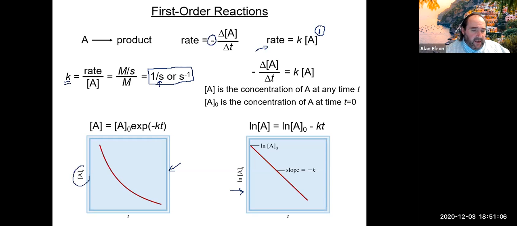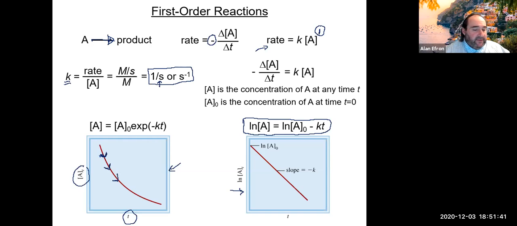The first one is the concentration on the Y, time on the X. And as we would expect, as the reaction starts, over time, we see a decrease happening in the concentration of our reactant. And that would make sense since we're assuming this reaction obviously is heading towards the product side. We can go through and basically take the natural log of everything here, and we get this equation here. And this is essentially the integrated rate law for a first order reaction.